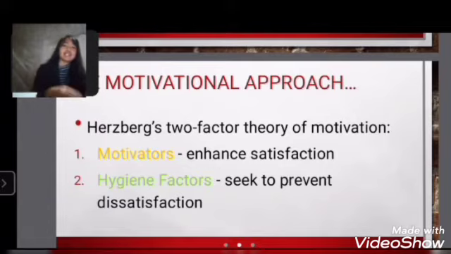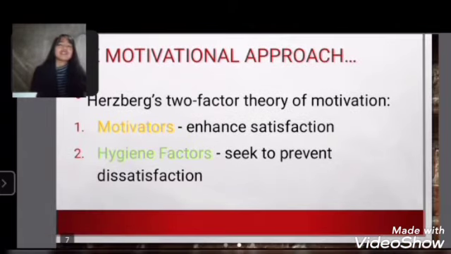They maintain the employee on his job or in the company, because these factors are associated with the job context or work setting, and may include relationships with peers or subordinates. Examples of hygiene factors are working conditions, organizational policies, salary, and supervision.